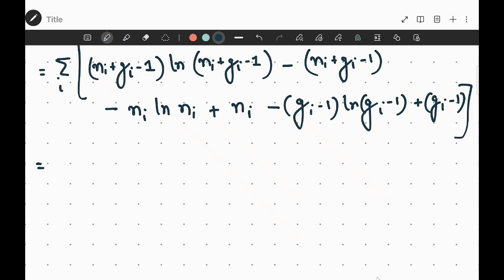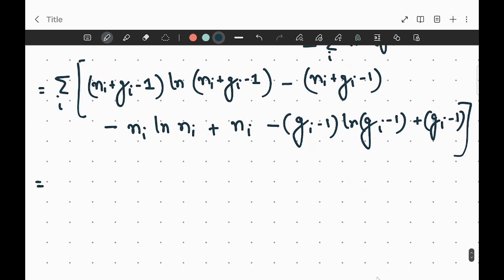Okay, so what will be cancelled? If you open this, it will be minus minus plus, so eventually ni will cancel. Again, if you open this, gi will cancel, and 1 will be cancelled.